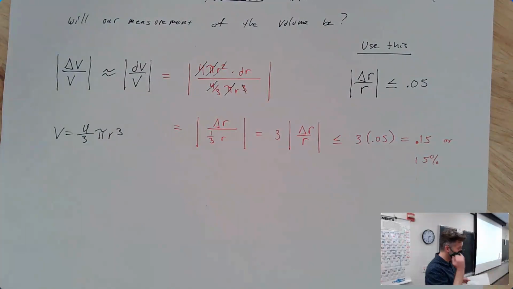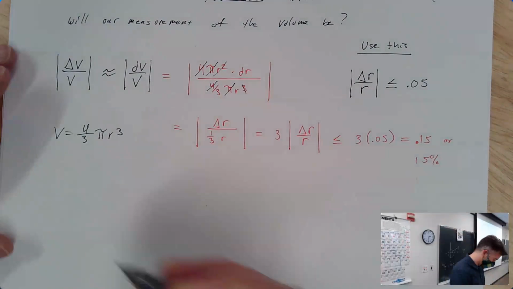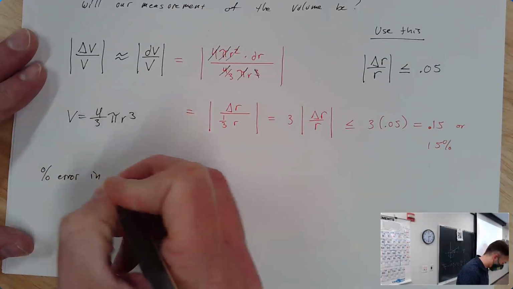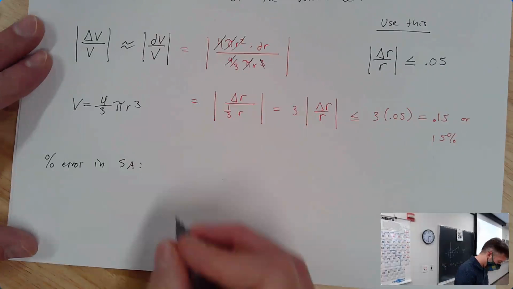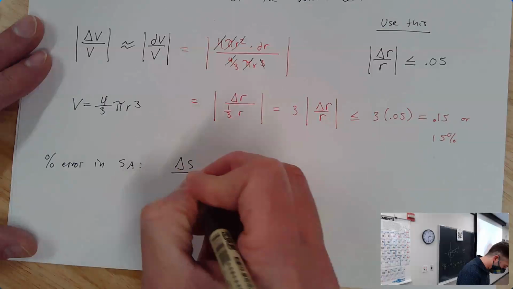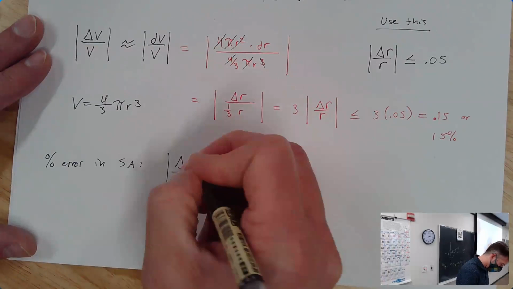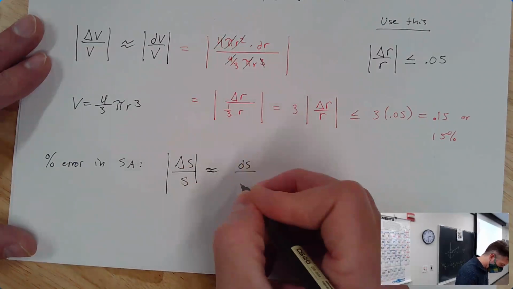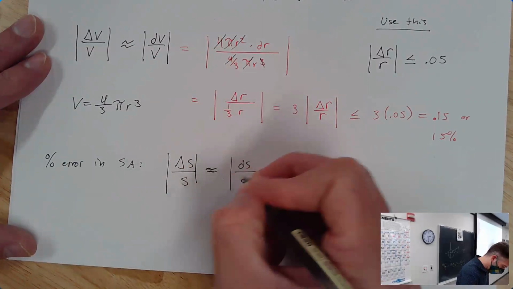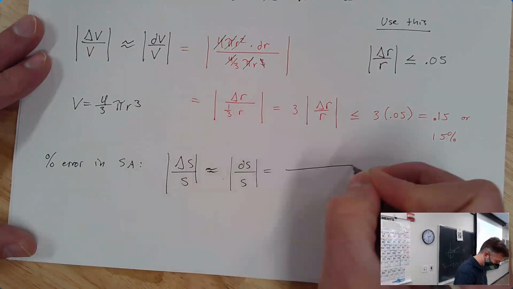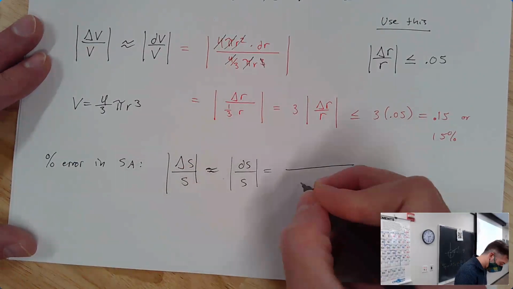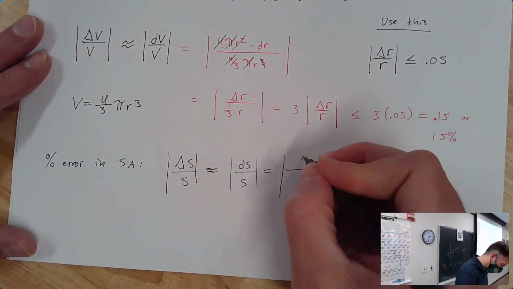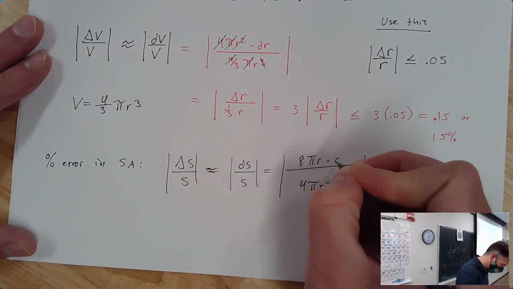And if you find the surface area here, the percentage error in the surface area would be the change in the surface area divided by the surface area. That's going to be approximately the differential dS divided by S. The surface area equation is 4 pi r squared. And the derivative of that is 8 pi r times dr for the differential.